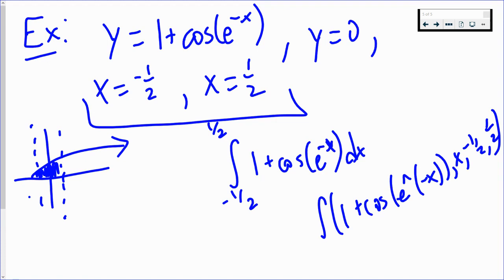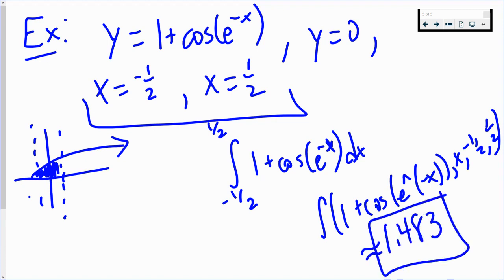I would actually just go ahead and put it in as negative 0.5, comma 0.5. When we do that, we get 1.483 as that area between y equals 1 plus cosine of e to the negative x and y equals 0 on the interval negative 1/2 to 1/2.